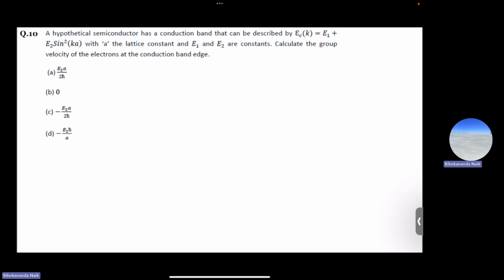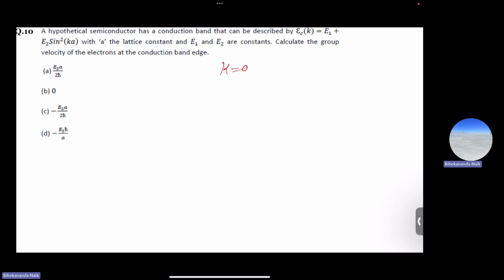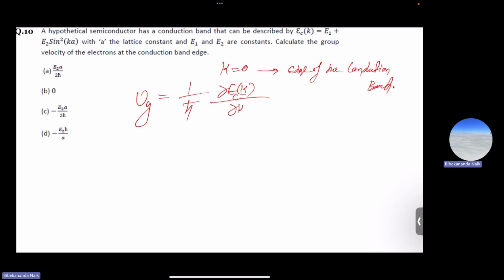So at the edge of the conduction band, we know the value of k is 0. Like the previous question, we know the group velocity can be represented in terms of the derivative of the conduction band energy, that is 1 by h cross del Ec of k divided by del k.